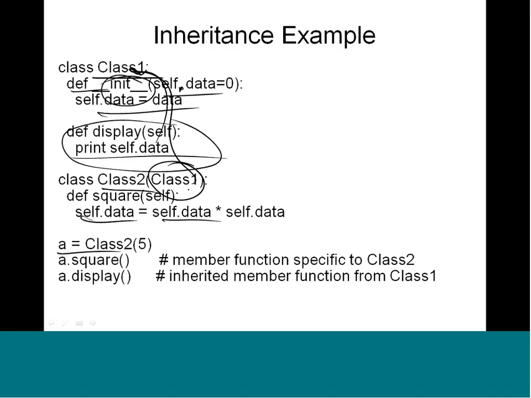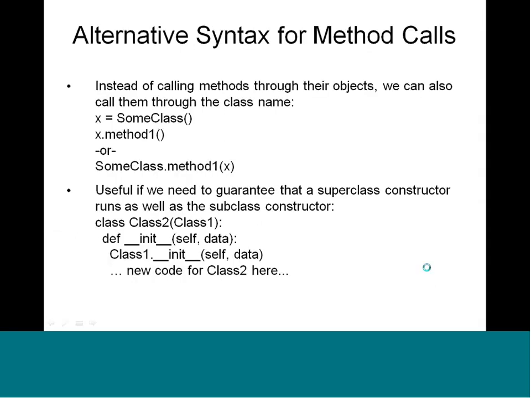So we can specify A as class 2 with 5, and then we can also specify A.square as well as A.display. A.square is defined here, and A.display is actually described inside class 1. So the first one is a member function specific to class 2, and the second function is an inherited member function from class 1.